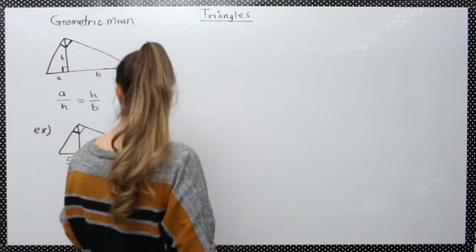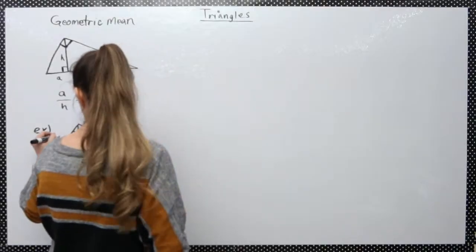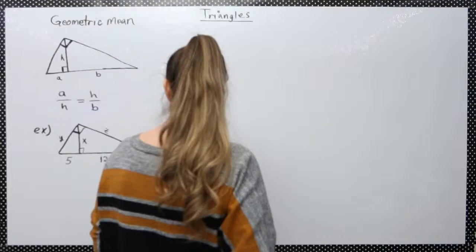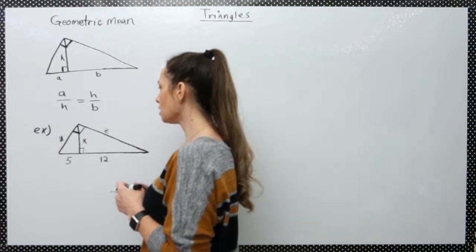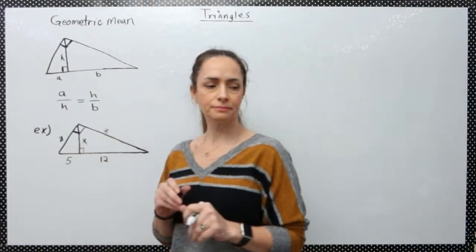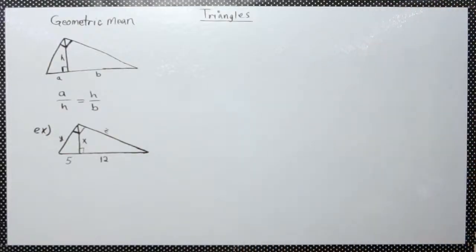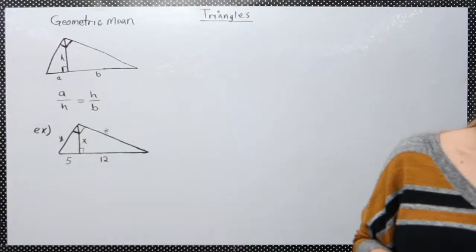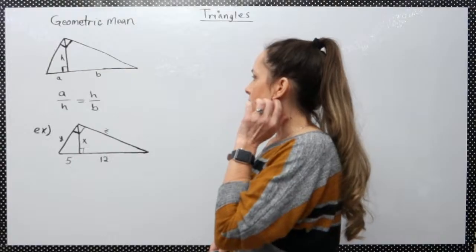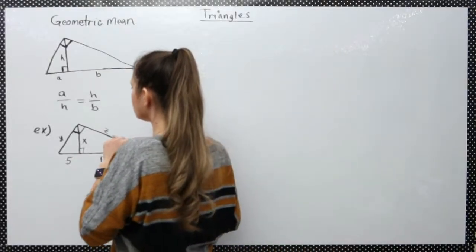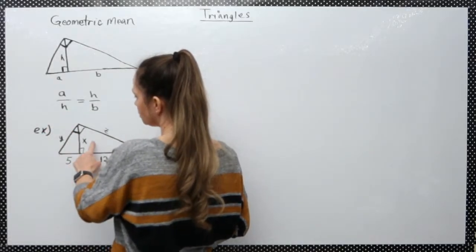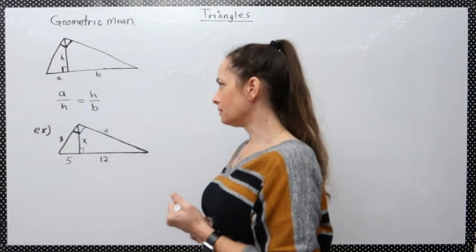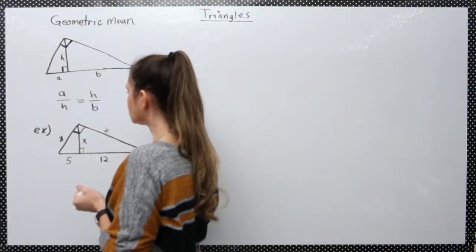And then we have X, Y, and Z. And it's asking us to find the missing values, find values for X, Y, and Z. According to this theorem, since I have a and b known, I should be able to find X pretty well, since X is the height.